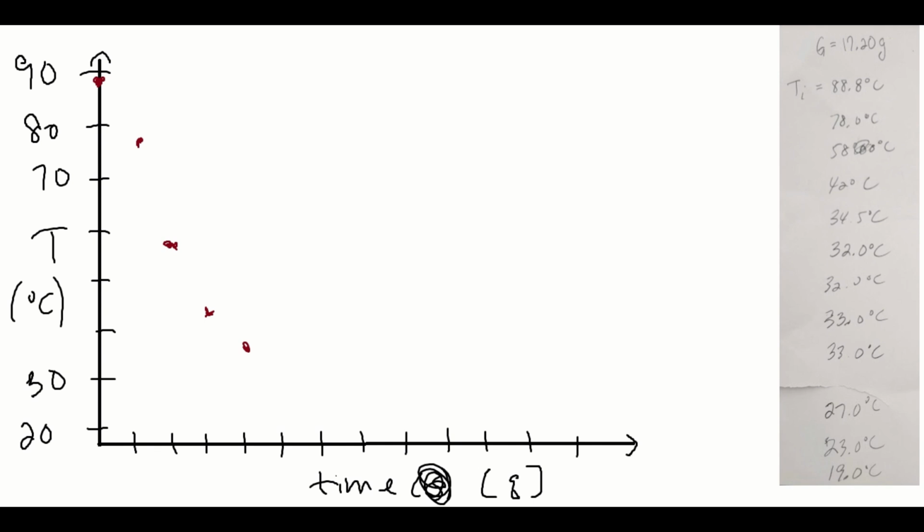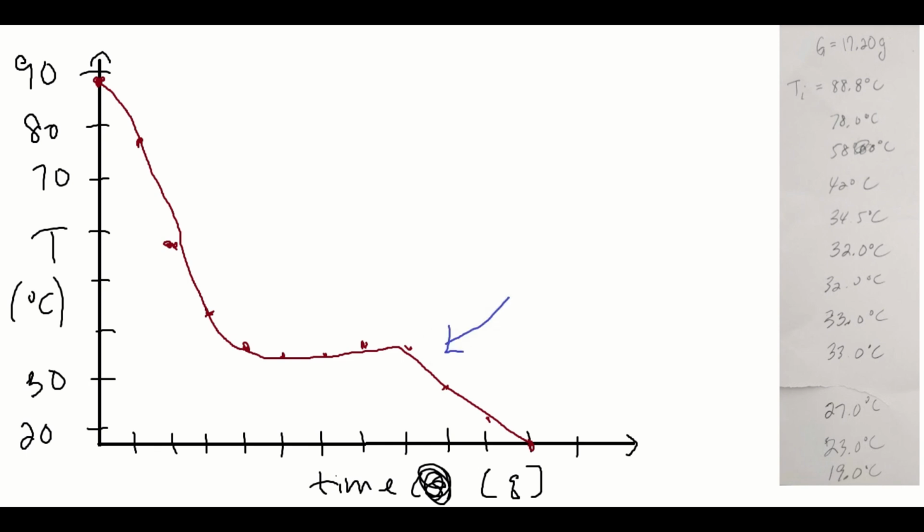And then at 32. And then I get another one at 32 and 33 and 33 before it drops down to 27, 23, and then down there. So that's what my cooling curve looks like.